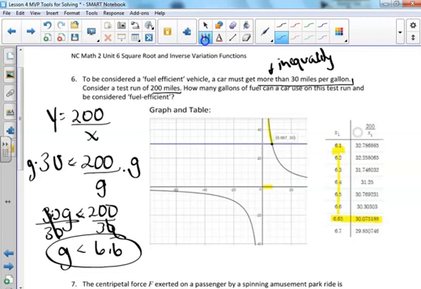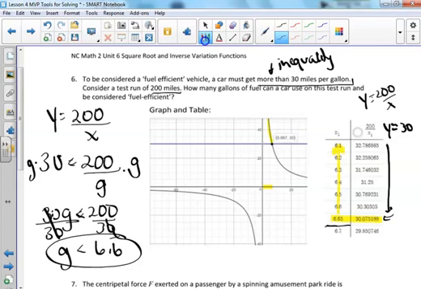So now let's take a look at what we typed into Desmos and or a graphing calculator. We did type in y equals 200 over x. And so we're looking to see where our y value is closest to 30. And if we scroll, we notice what's highlighted here. That's the closest to exactly 30.